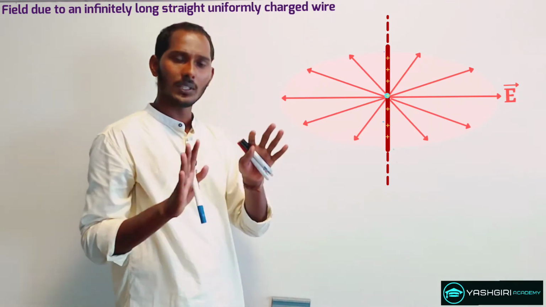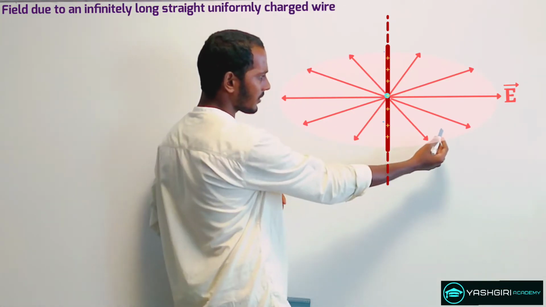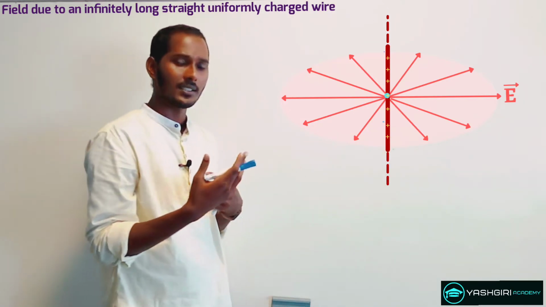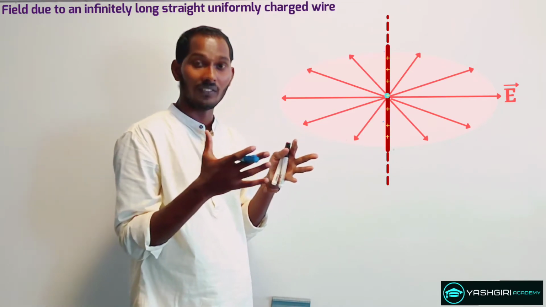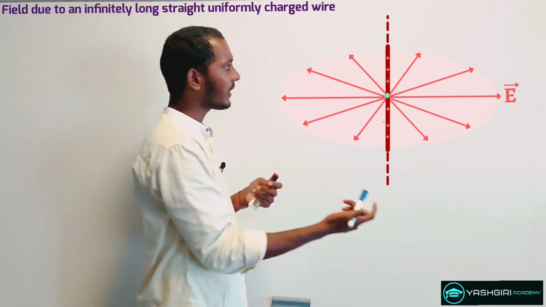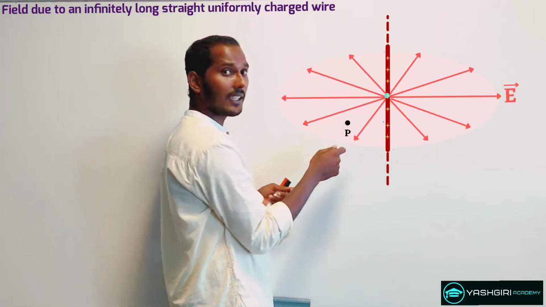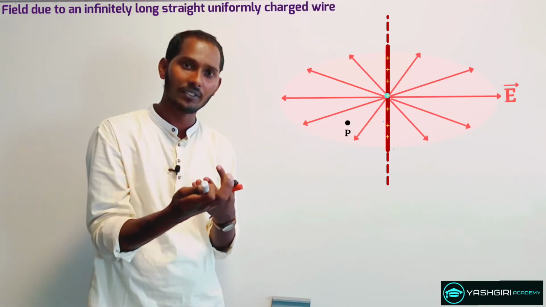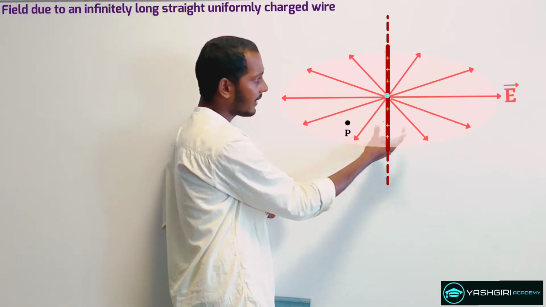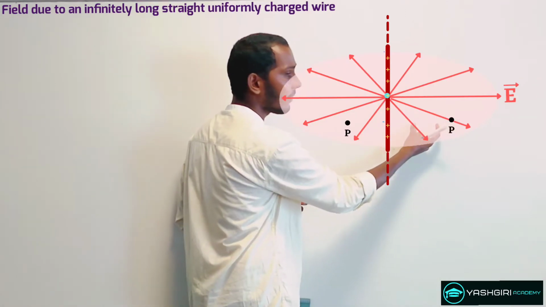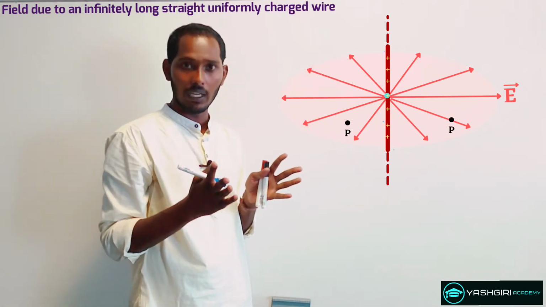Now if you try to calculate the magnitude of the electric field anywhere in the space surrounding this wire, just because of the radial nature of the field lines, the magnitude of the electric field at the point P will depend upon the radial distance. In the same way, if you calculate it at another point, it will again depend upon the radial distance.